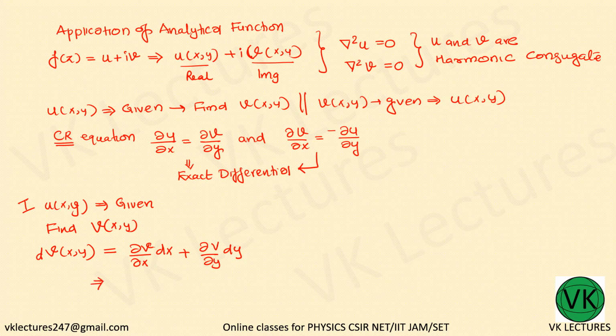Now with the Cauchy-Riemann equation, we can substitute. Dou v by dou x is minus dou u by dou y, times dx, plus dou v by dou y, which is dou u by dou x, into dy.